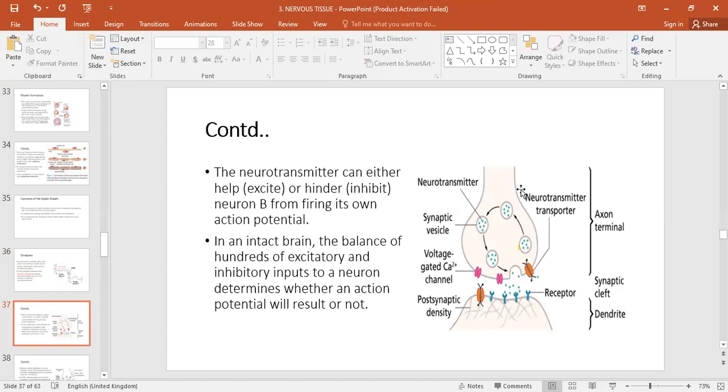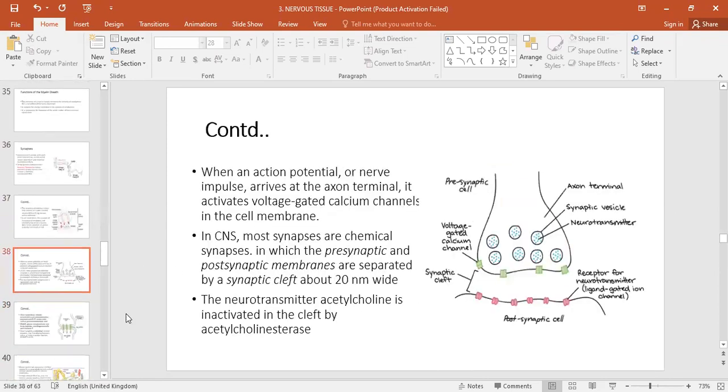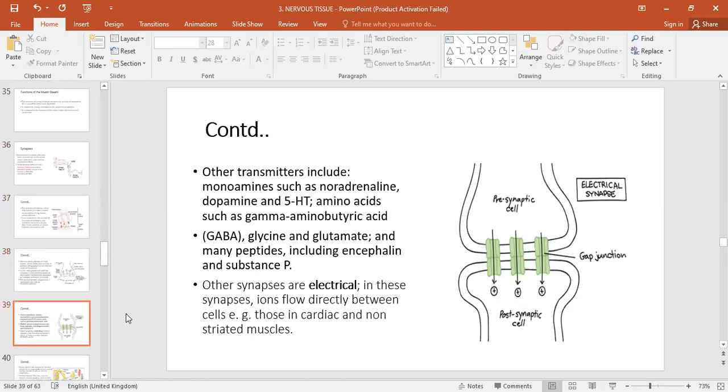So nerves conduct electrical impulses, but at the junction, the impulse is converted to chemical because it has to release these neurotransmitters, which will go on to activate another cell to begin their own electrical conduction. So there are so many types of neurotransmitters. I will not go into that. Physiology does justice to that. So for me, I'll just end here at neurotransmitters.